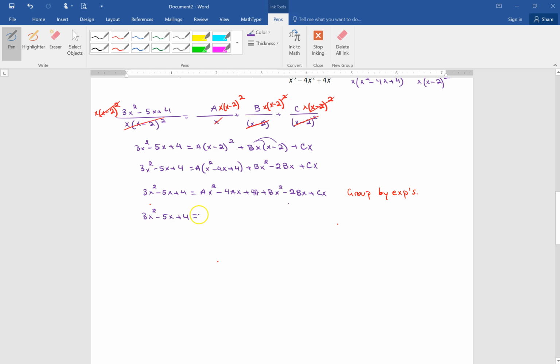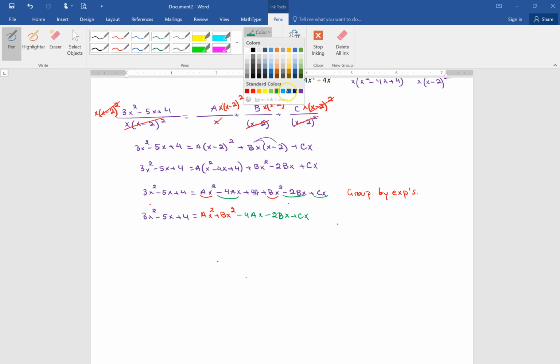Now, let's collect all the ones with the x squares. You have this one and this one, so it's Ax squared plus Bx squared. I'm just rearranging now, okay? And then you have the x's, negative 4Ax, negative 2Bx, and Cx. And then you have, what else do you have? Just the 4A.